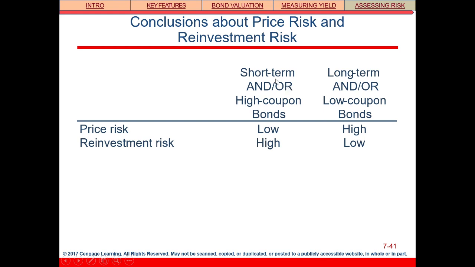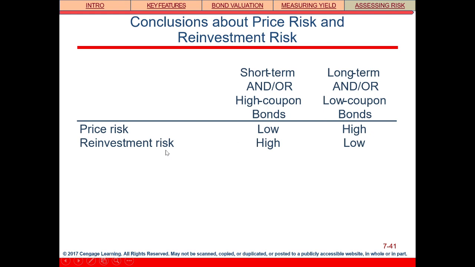Therefore, a short-term bond will have low price risk. Coupon reduces price risk, so a high coupon bond will have low price risk, and vice versa. So a long-term bond with low coupon interest rates will have high price risk. That's what we discussed in our previous class.